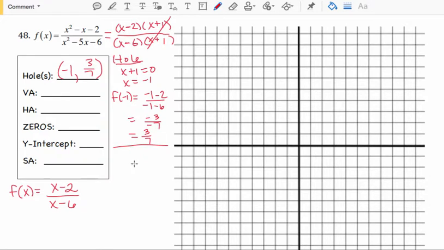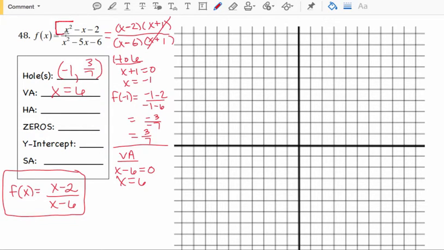Okay, so let's go ahead and do our vertical asymptote. Now that we have our hole, looking off the modified function, our vertical asymptote is where our denominator is equal to 0. It's the undefined point. So I take x minus 6, set it equal to 0, I get x equals 6. Now we're looking for a horizontal asymptote, and I'm looking at the degrees of my numerator and denominator.